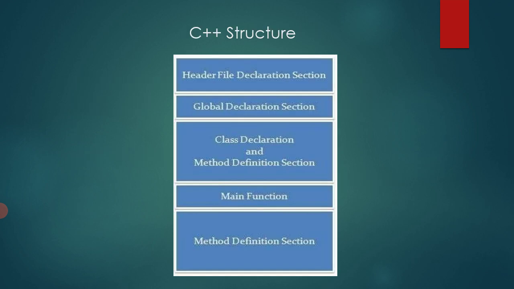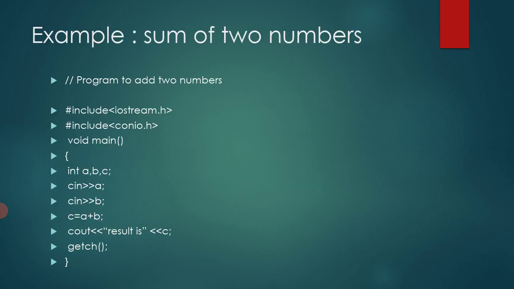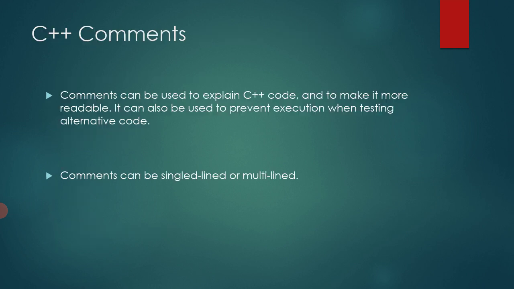So students, in this session we have studied the C++ structure. After that we studied a simple format of a C++ program, then an example of a full-fledged C++ program, a program for the sum of 2 numbers, how we add 2 numbers.